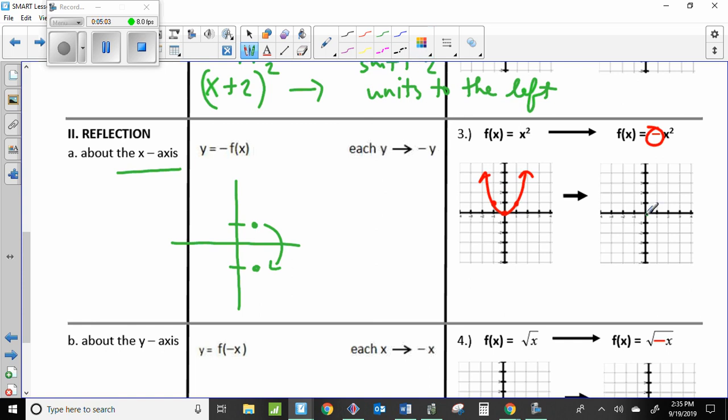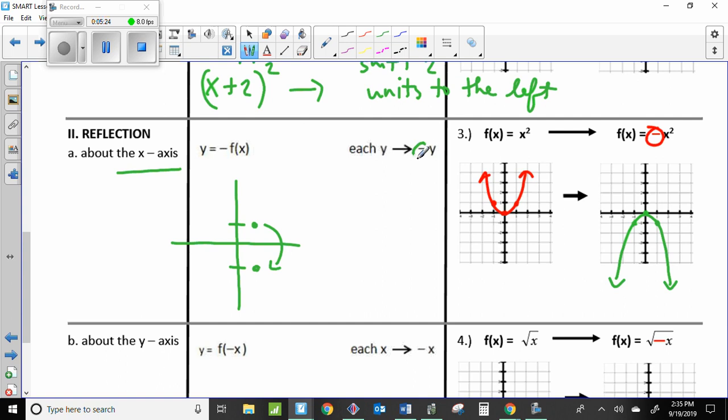So my (0, 0) will still stay at (0, 0). But my (1, 1) will now become (1, -1). My (-1, 1) will now be (-1, -1). And the graph will be flipped upside down. So this is reflection over the x-axis.